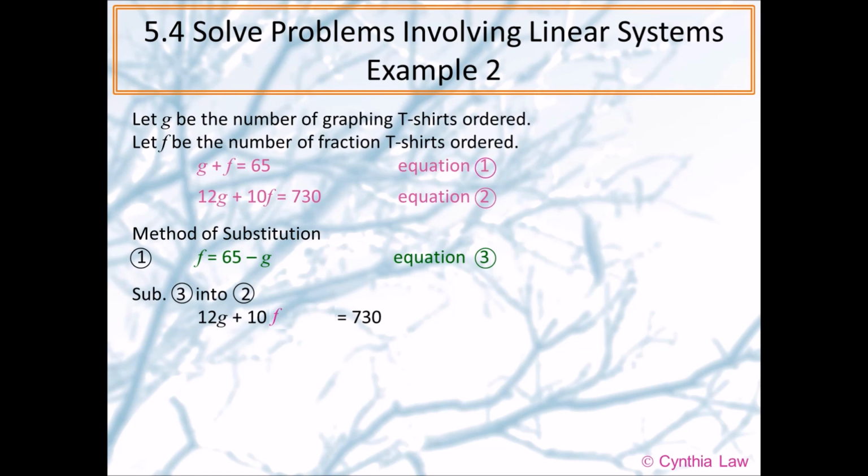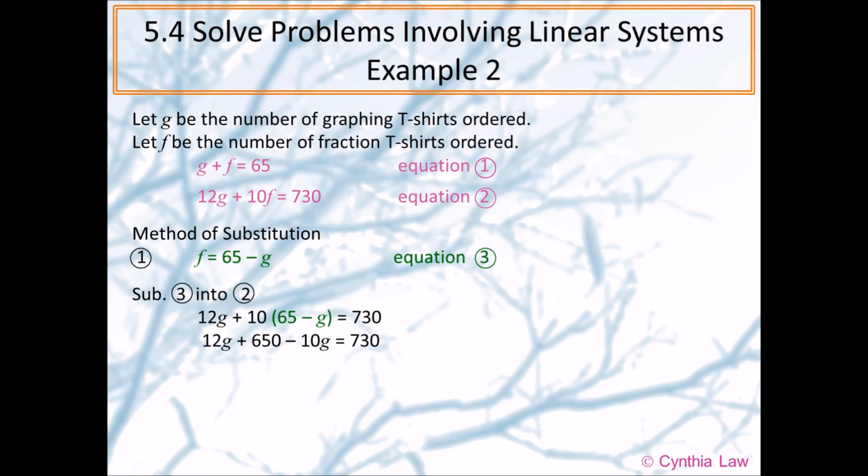So I am going to take the F away, and then I am going to replace that F with 65 subtract G. So that means I have 12G plus 10 multiplied by, in brackets, 65 subtract G, and then the whole thing equals 730. So from here, I'm going to expand. I have 12G plus 650 subtract 10G equals $730.